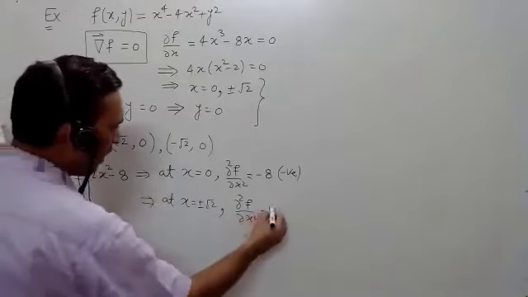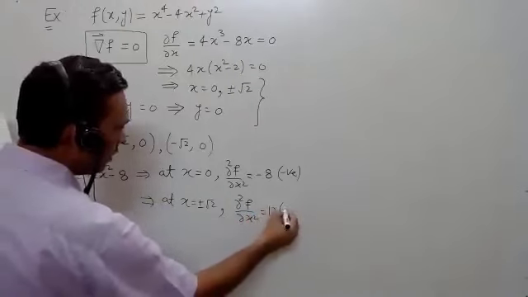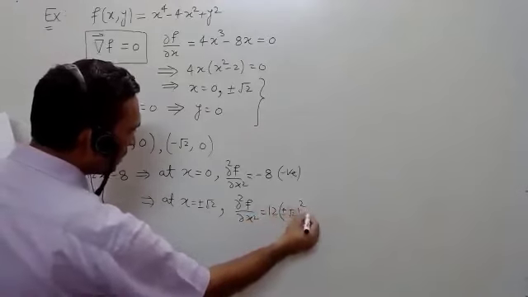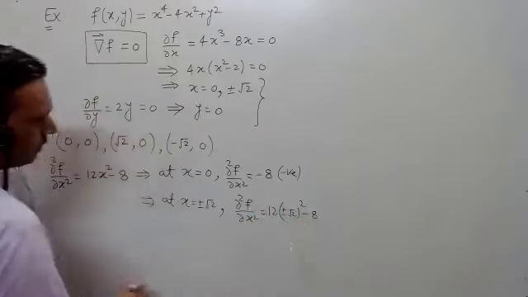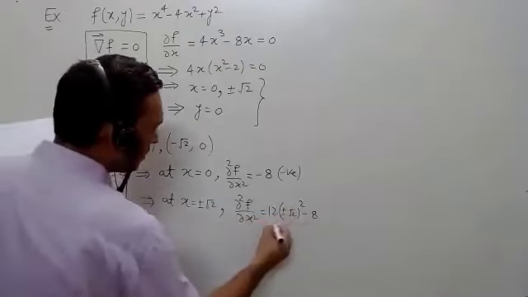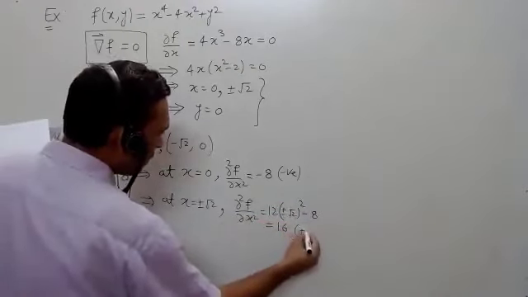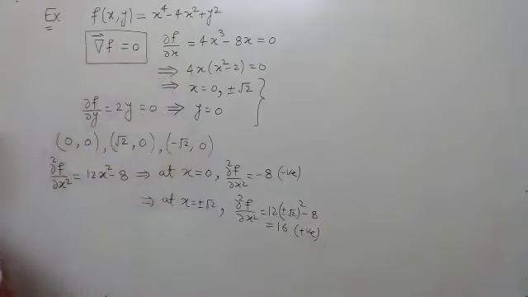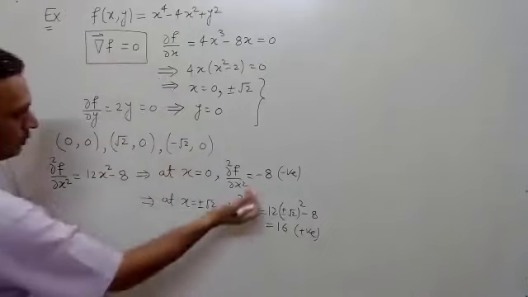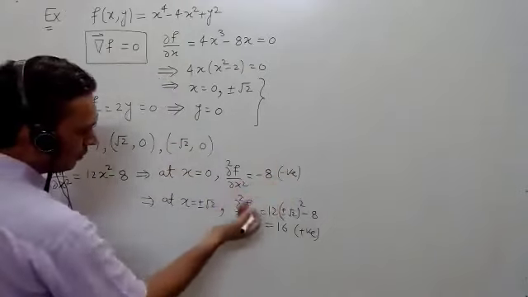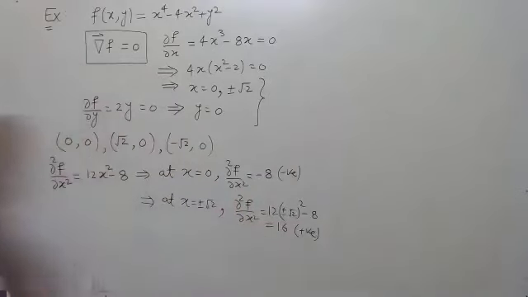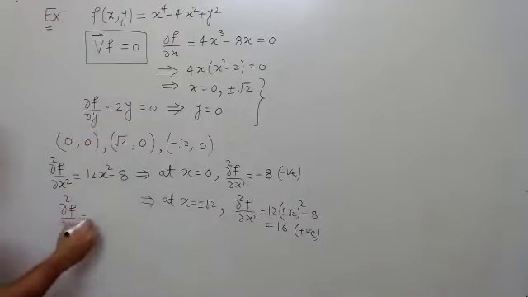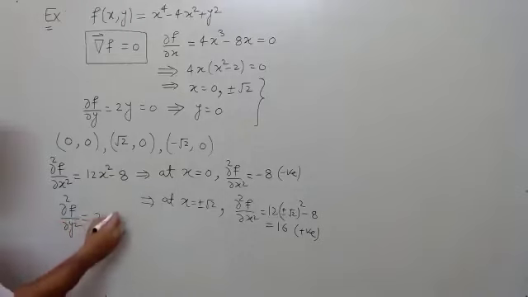So this will give you 12 times 2, minus 8. So 24 minus 8, that is 16, so that value is positive. So at 0 you will get negative, and at plus minus root 2 you will get positive value. And what about y, the second derivative? In this case, the second derivative is simply 2, so that is always a positive value.